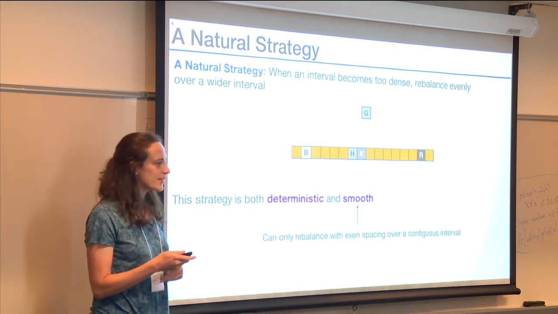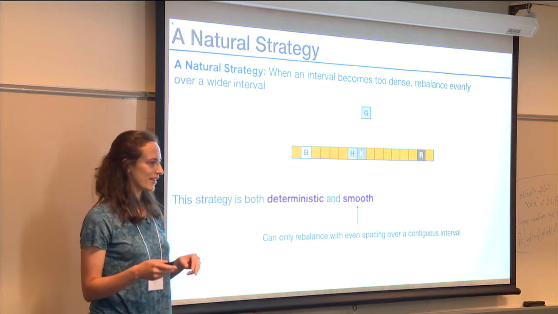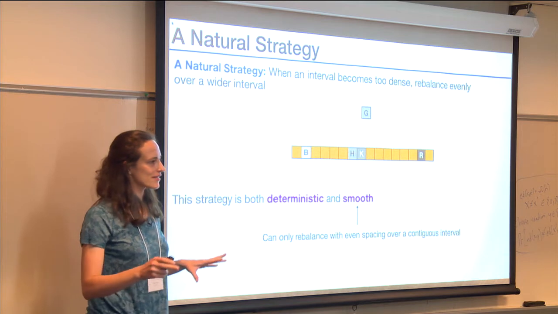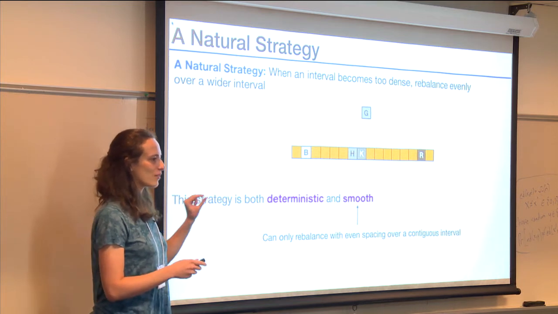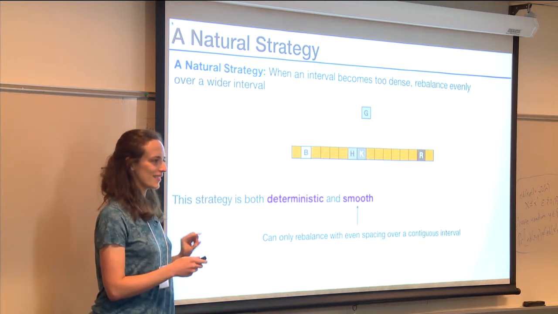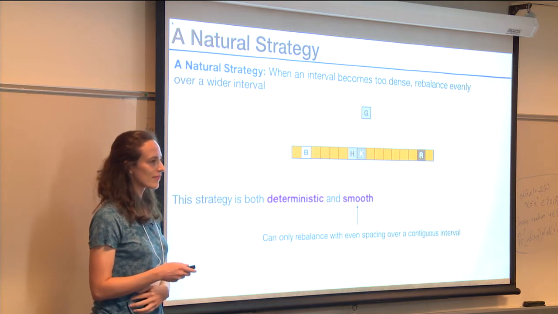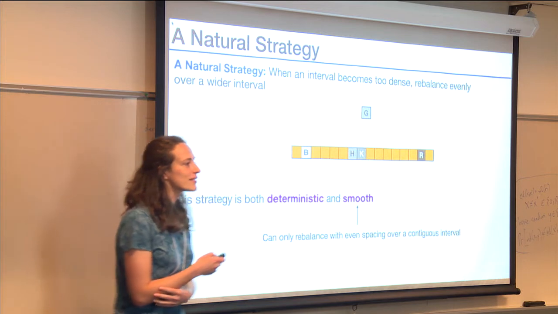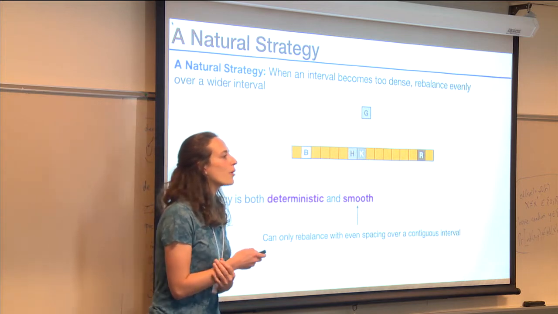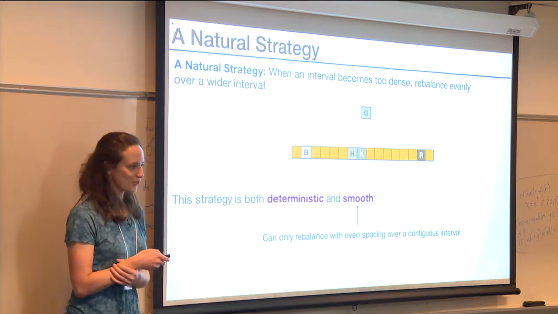For randomized, we're imagining that the adversary is oblivious and does not know where we're placing things in the array. The upper bounds, are they deterministic or randomized, the log squared? Oh, the upper bound is deterministic.